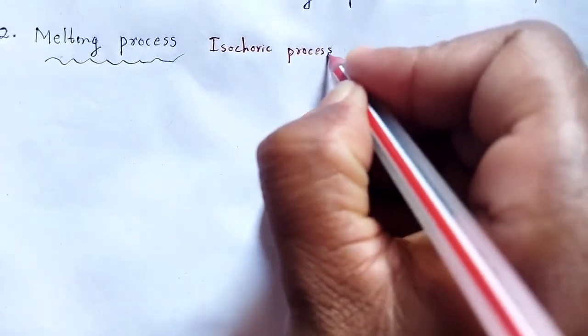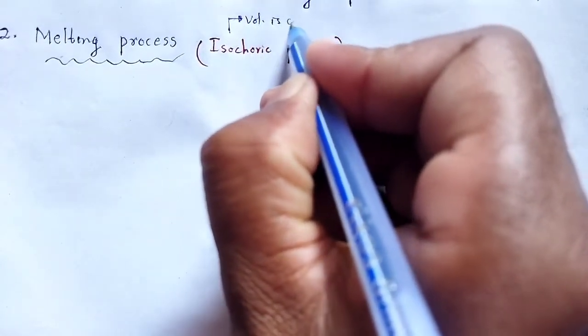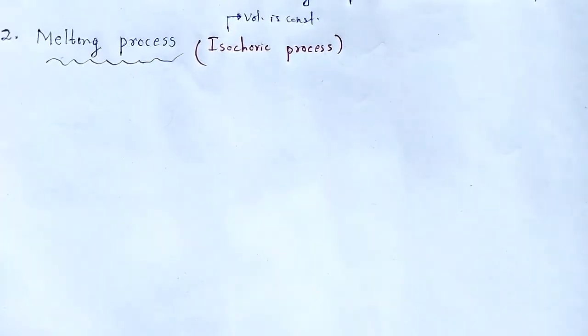Isochoric in the sense here the volume is constant, means the change of volume will be 0.